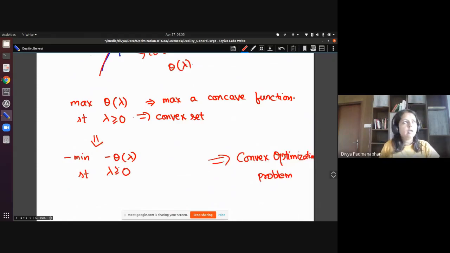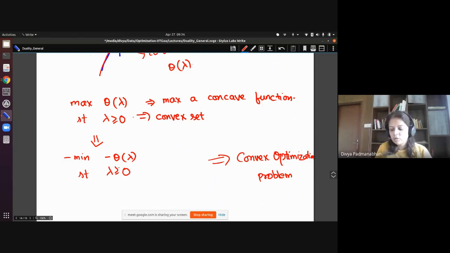Okay. Now, why is it useful if it's a convex optimization problem? The reason is that we have seen when we wrote the KKT conditions: if you somehow are able to find a KKT point for a convex optimization problem, then you're guaranteed that it is going to be the true optimum.